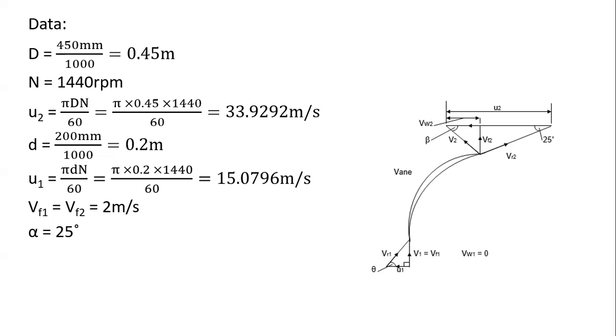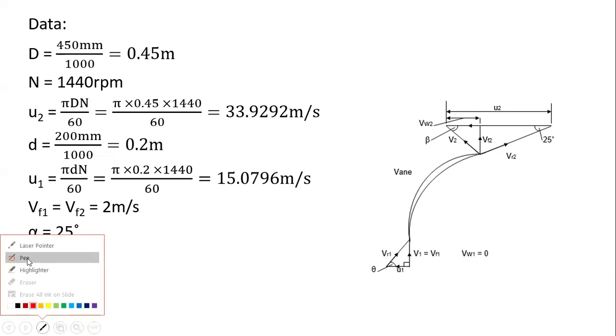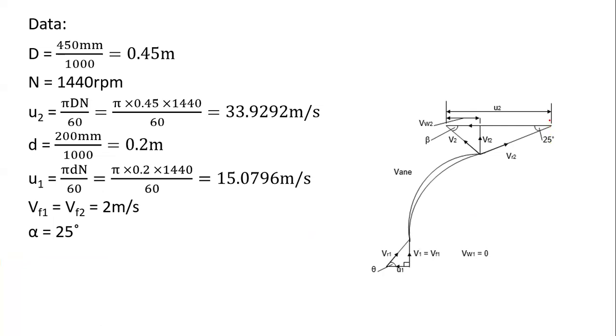So you notice that we just need to come up with a way of finding this one. So how do we do it? Even if we don't know what this one is, we can subtract this distance from the whole of this length. Let me pick a pen quickly. I'm talking about this distance here.